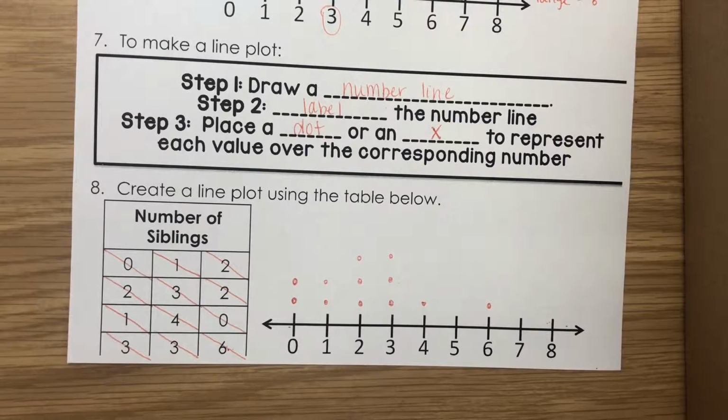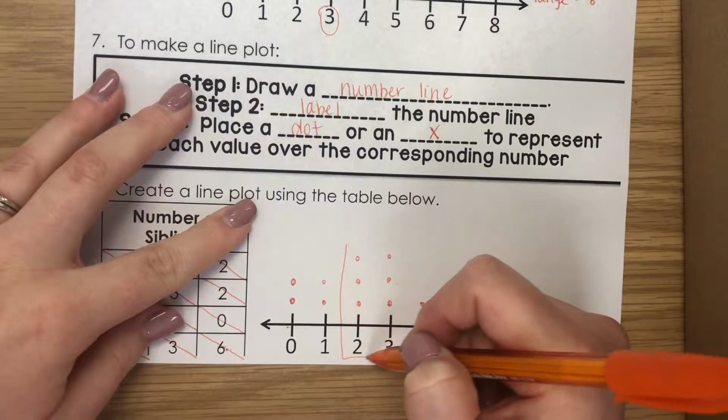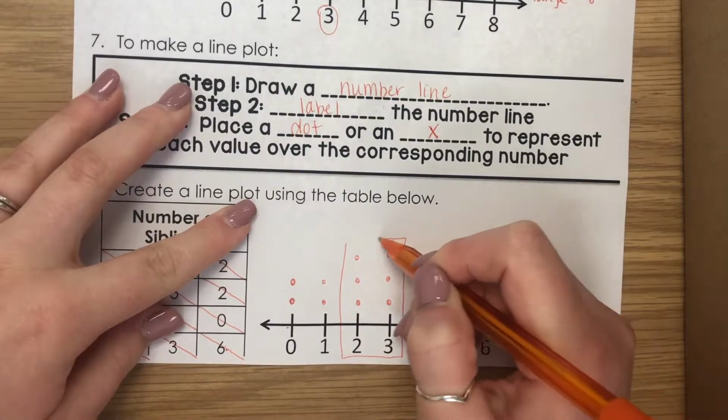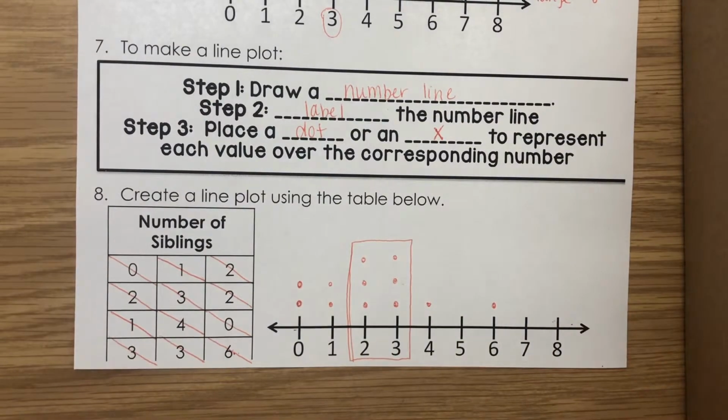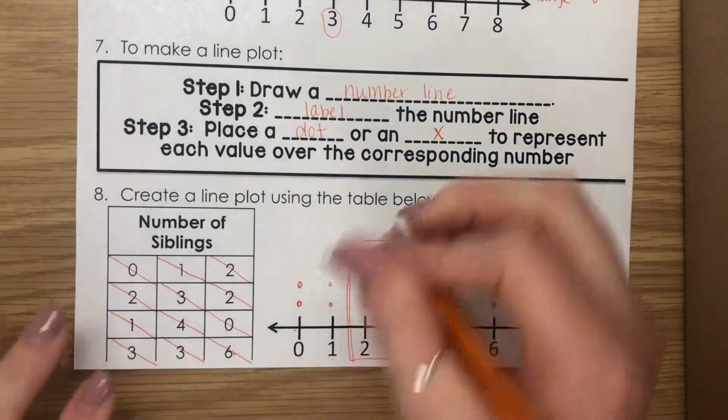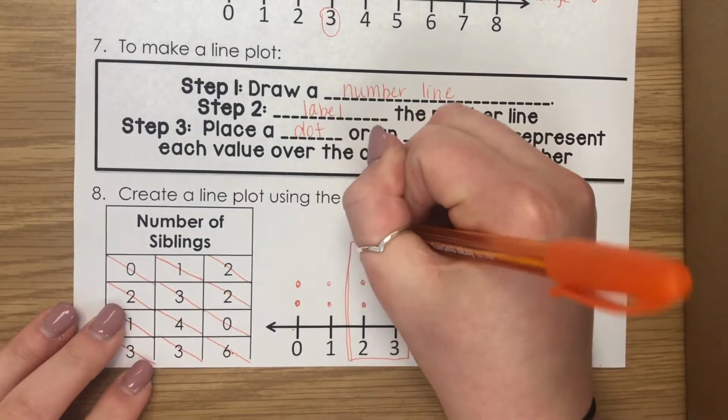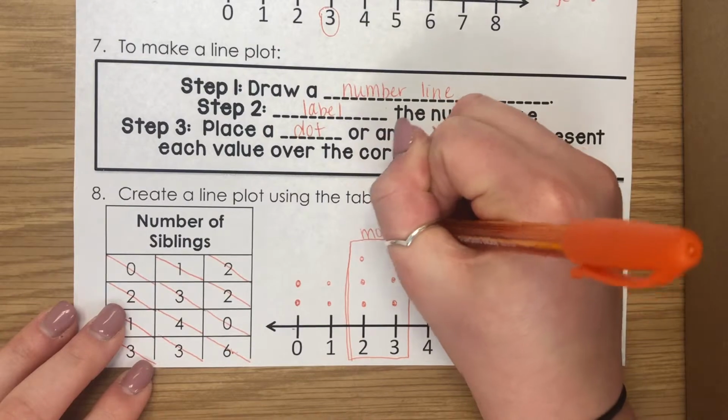So first let's start with the peak. And if you notice, the peak is with 2 numbers. So both 2 and 3 contain 3 dots. So can we have a mode of more than one number? If you answered yes, you are absolutely correct. So this would be our mode, or peak, and I'll write that in parentheses.